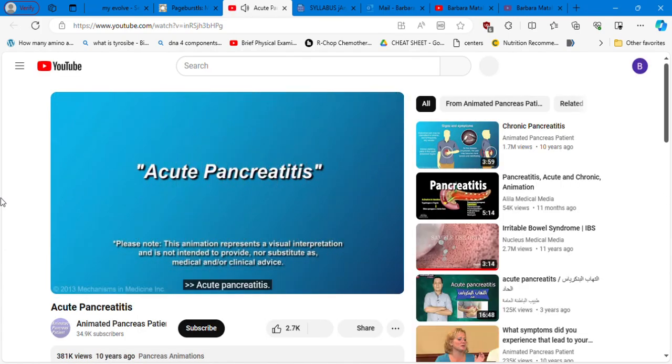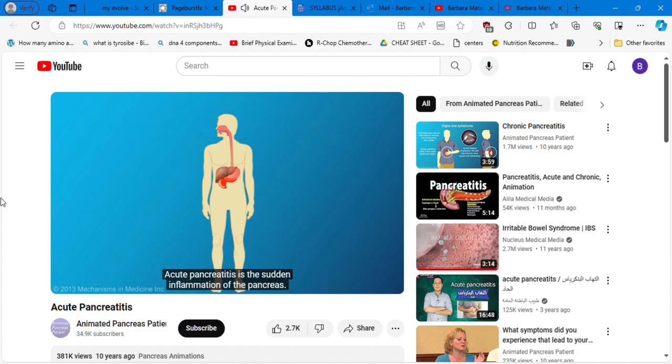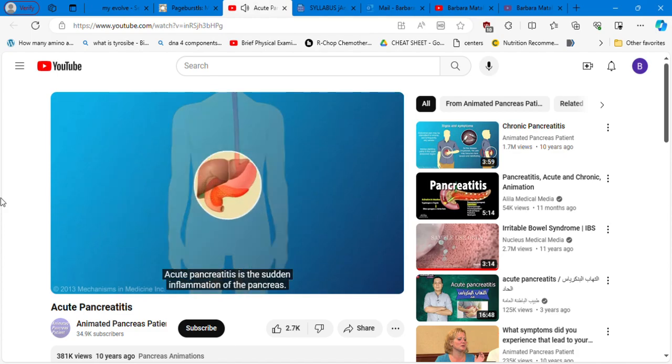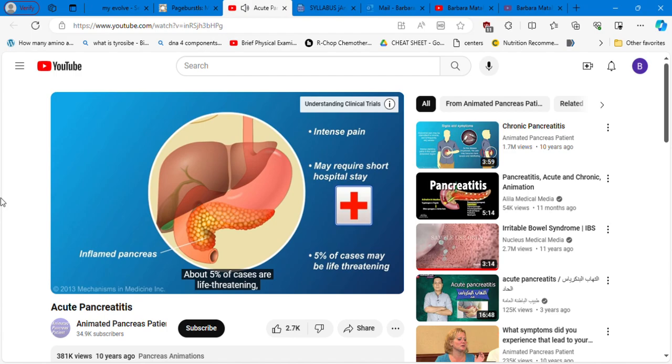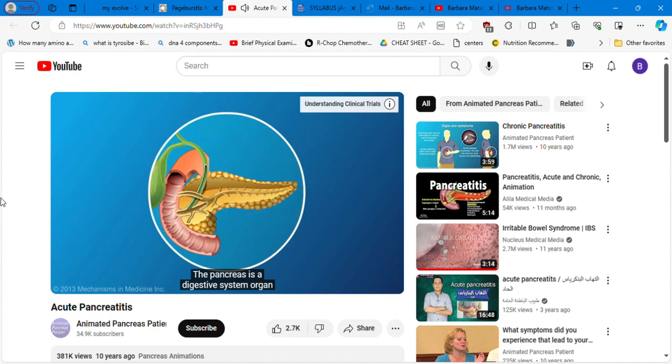Acute pancreatitis. Acute pancreatitis is the sudden inflammation of the pancreas. It can be very painful and usually means a stay in the hospital. About 5% of cases are life-threatening, usually when other organs are involved. The pancreas is a digestive system organ that has two important functions.